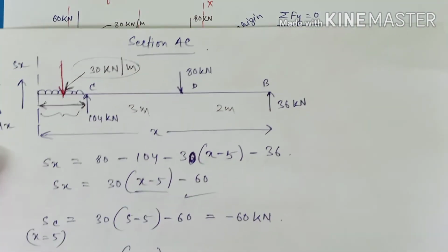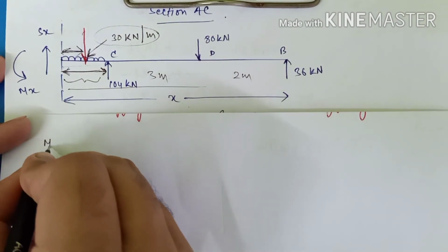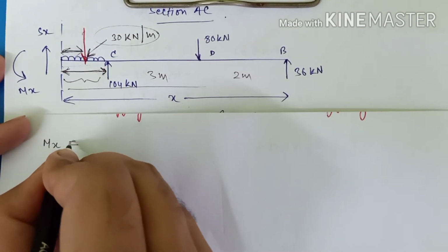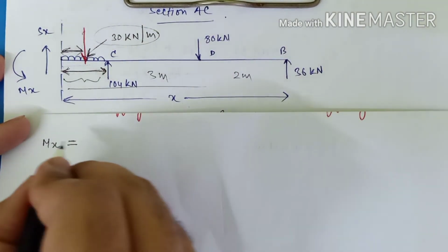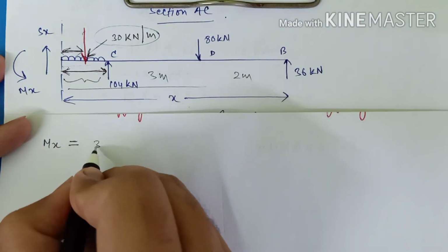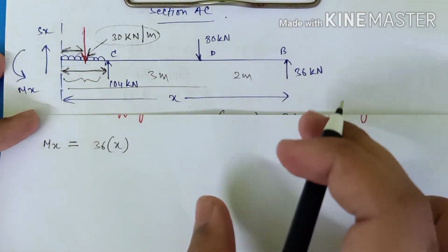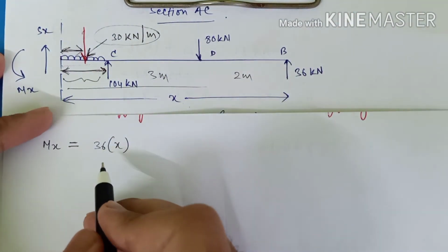Now let's move on to the bending moments. Here the bending moment, that is Mx, will be equal to, first, this 36 multiplied with this distance, that is x. This 36 kilonewton will try to sag the beam, so it is basically positive.